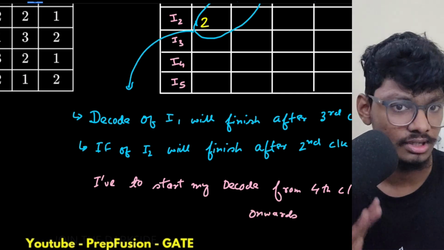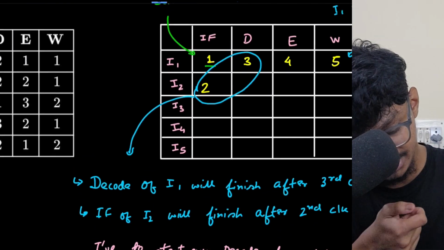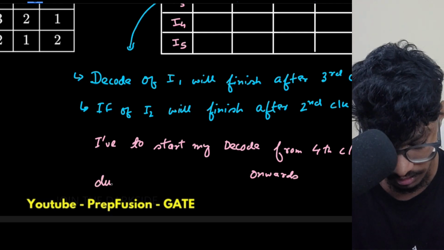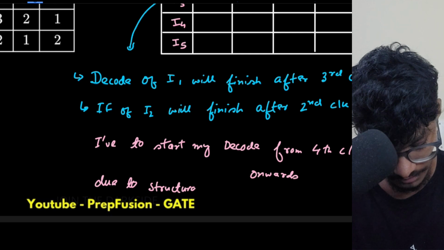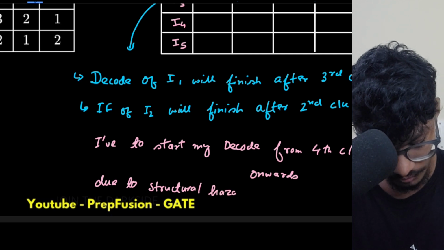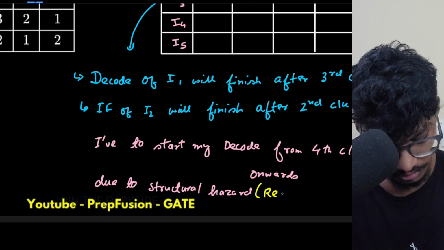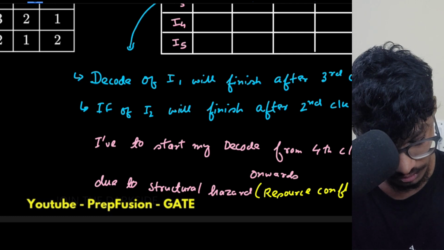I cannot start from the third clock cycle onwards because that stage is already busy. Due to what? Due to which hazard? Due to structural hazard. Or what do we call it? We call it resource conflict.